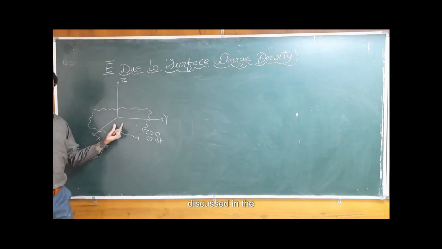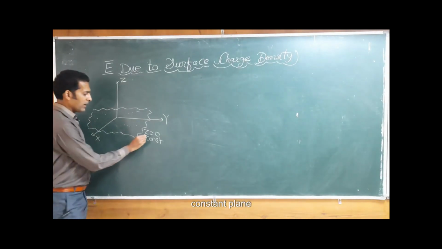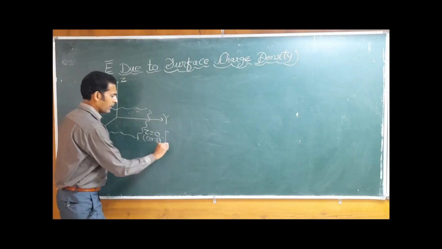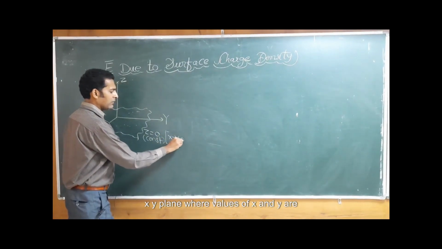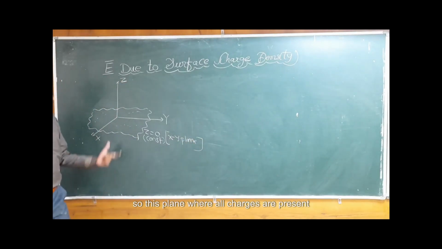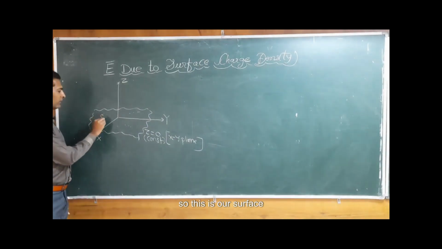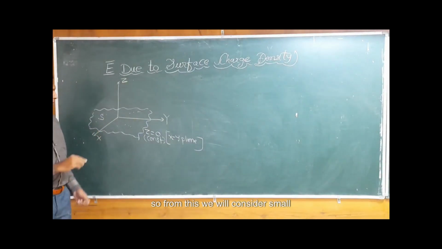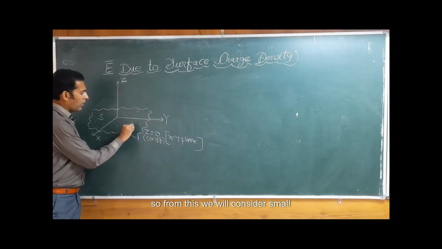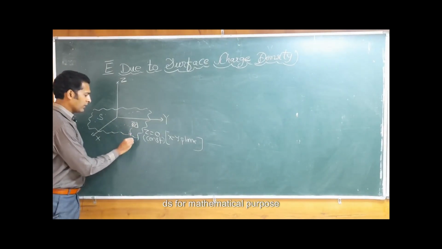We have discussed it in the coordinate systems. So it is called the z constant plane or xy plane, where values of x and y are changing. So this is the plane where all charges are present. Say this is our surface S. From this we will consider a small differential surface ds for mathematical purpose.